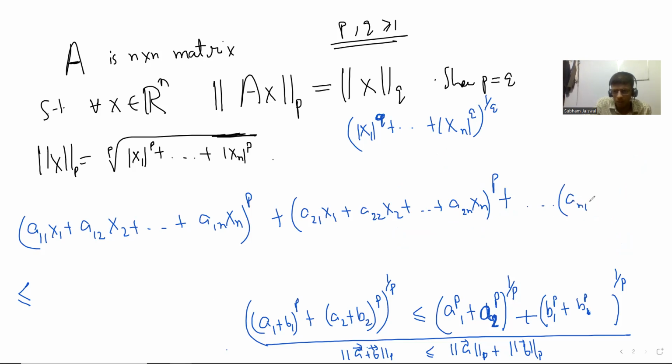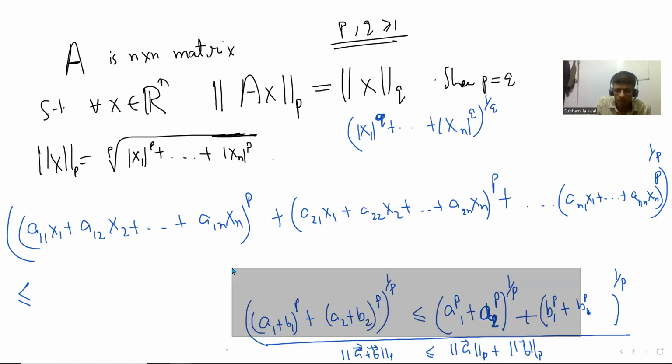And let me write the last one also. You should do this for 2 by 2 for yourself also. So this is the whole expression, to the power 1 by p.